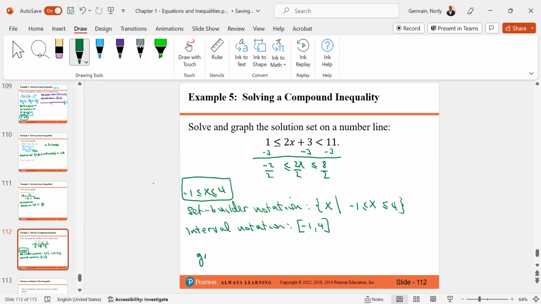If you graph it on a number line, you do the middle 0, you got -1 here, 1, 2, 3, and 4. All right, so what it would give you is a closed interval, so you can use square brackets for it. And this is your solutions. Okay? And we call this one compound inequalities.